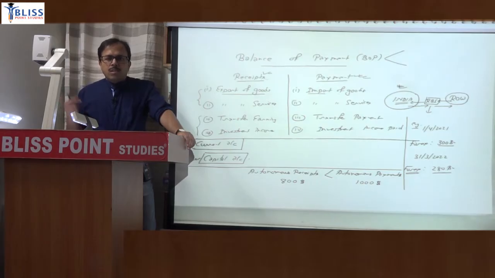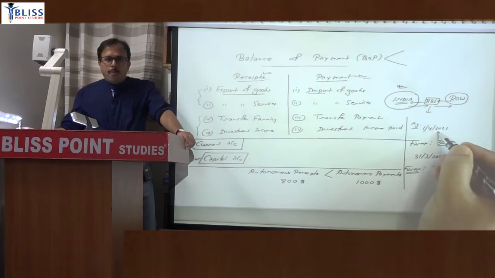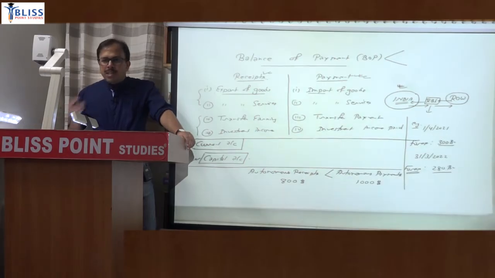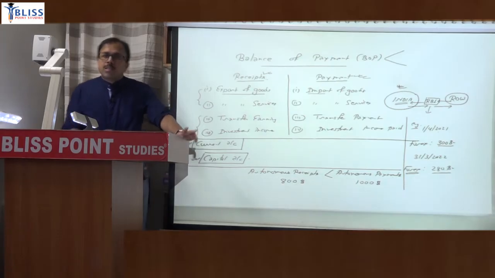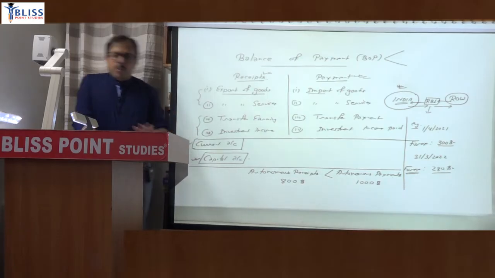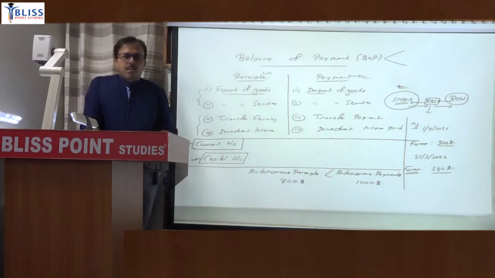Central bank has the reserve also. So if there is an imbalance, central bank can sell out of that reserve. But selling out of that reserve is also called accommodating transaction. So if there is an imbalance between autonomous payment and autonomous receipts, there will be accommodating transaction. The imbalance of autonomous payment and autonomous receipts itself is balance of payment disequilibrium.